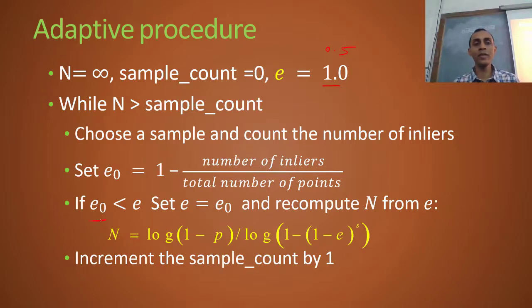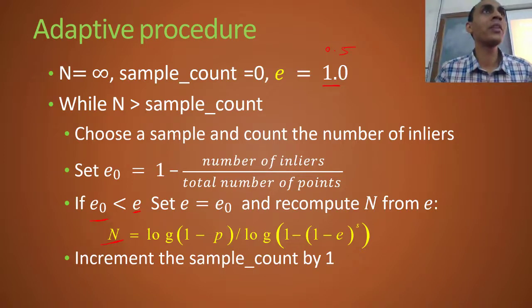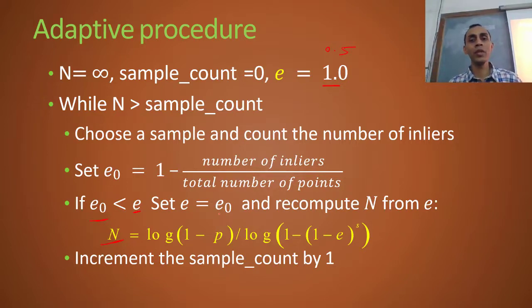If you find that the new inlier ratio is lesser than the initial estimate that you assumed, then you recalculate and update the value of n, and keep doing this until you have exhausted the maximum number of trials, or you have got a good model which has a sufficiently high confidence score. So iteratively you can update.